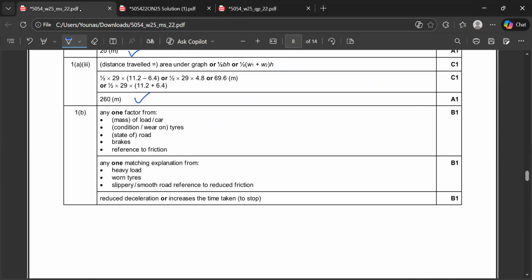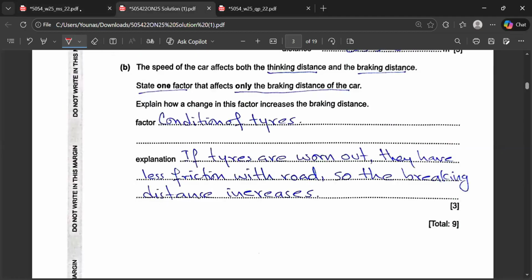Any matching explanation: heavy load, worn tires, slippery smooth road, reference to reduced friction, reduced deceleration, or increase in the time taken to stop. So because of the less friction, it will take a longer distance to stop.